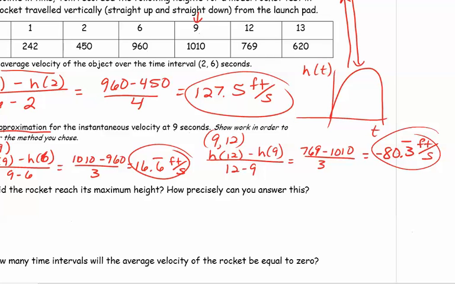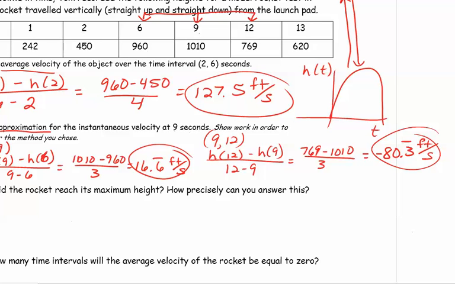So how do I know its instantaneous velocity at 9 seconds? Well, clearly we do not. We don't know whether it's still rising or whether it's falling. So we know something interesting is happening between 6 seconds and 12 seconds. So how should I give the best answer?